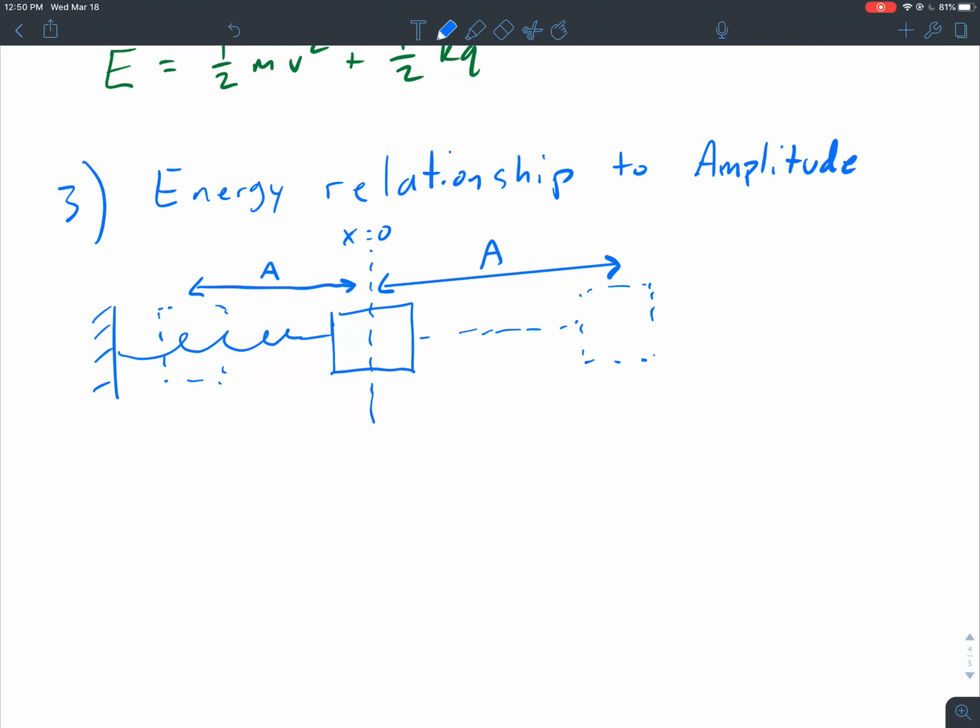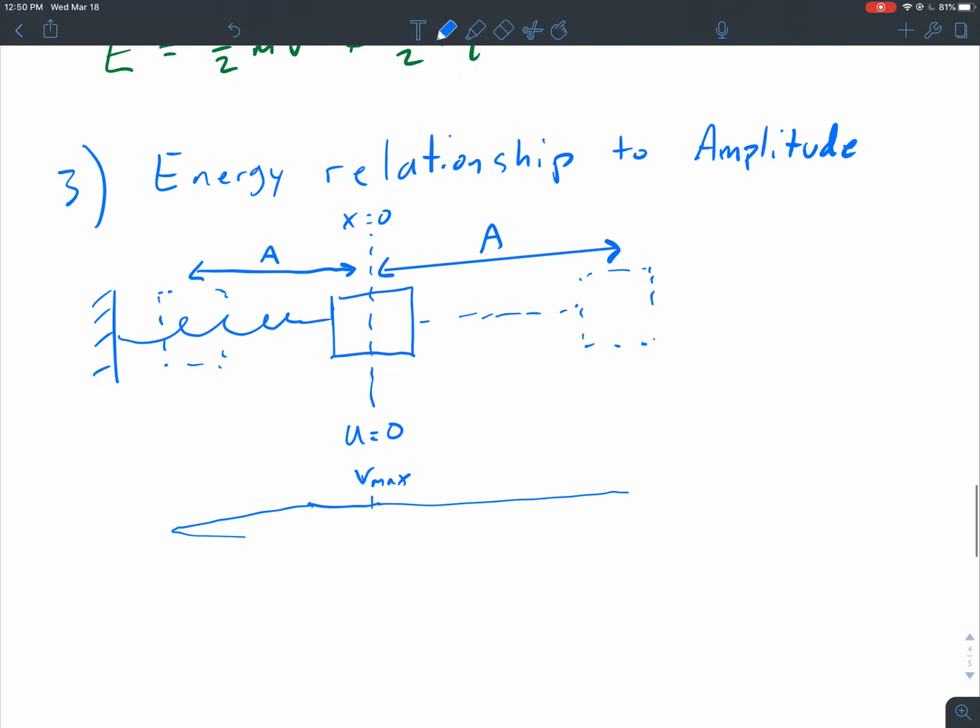So, again, we let this be our equilibrium. We'll define potential to be 0 here. So we're going to let go. It's going to speed up, but once it goes to the other side of the equilibrium, it's going to start to slow down and then come back. So our v max is going to be at equilibrium.